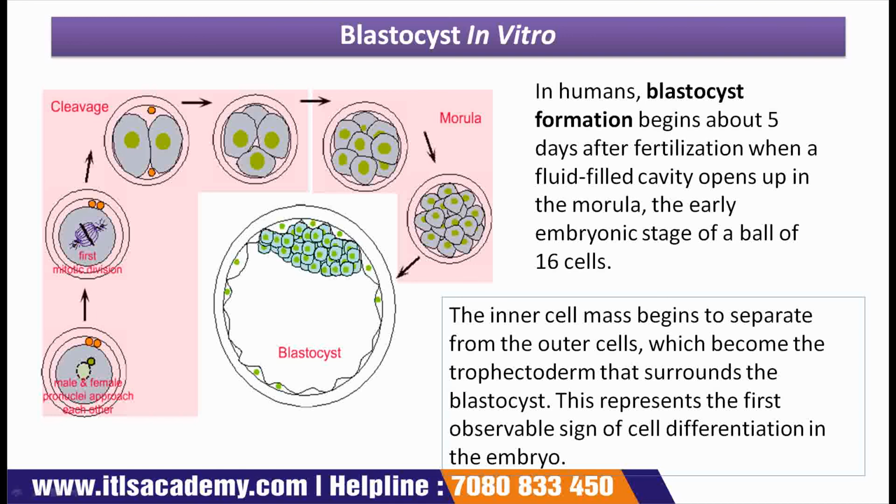There are multiple divisions, and in the case of a zygote these are known as cleavage. You can see 2 cells forming from 1 cell, 4 cells from 2, and this goes on continuously, and finally there is formation of the blastocyst. Here an intermediate stage of the mass of cells comes, known as the morula.